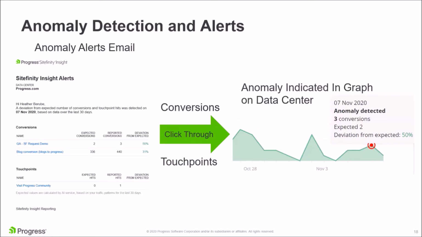Now you're going to slip your marketing analysis hat back on and say, okay, maybe we did something during that period of time. Oh yeah, we released that new marketing automation system. We created new web pages focused around that. Maybe it was even personalization that you had built through the website that could be driving this particular uptick in conversions, or again, we'll track touch points and let you know of any deviation.